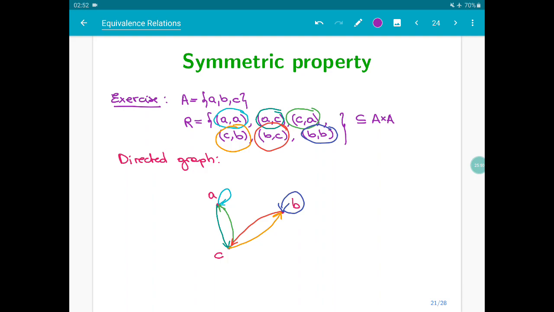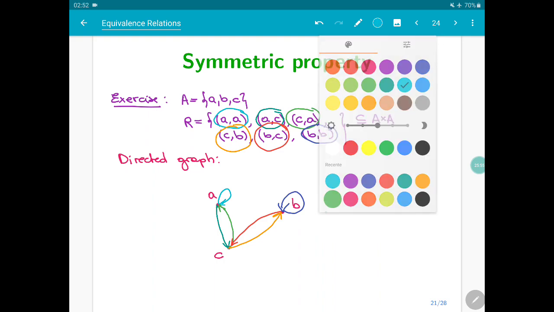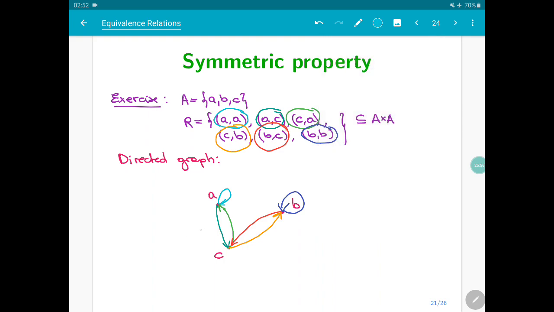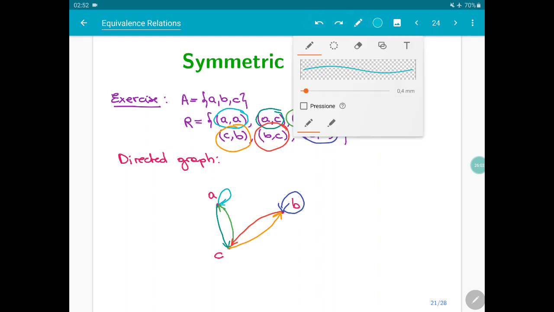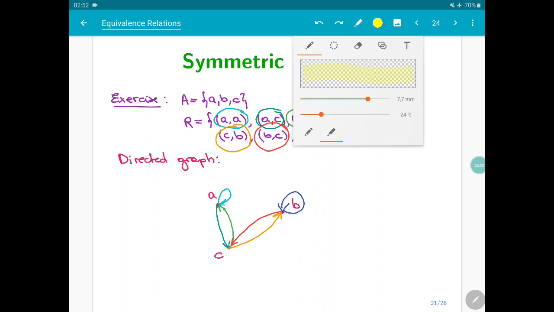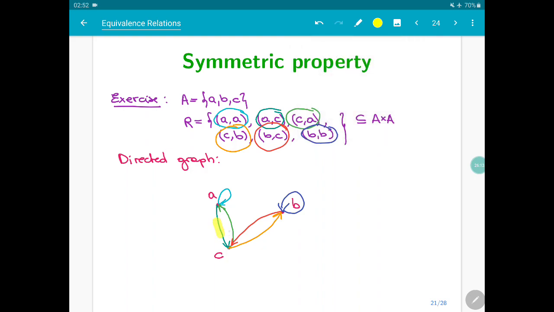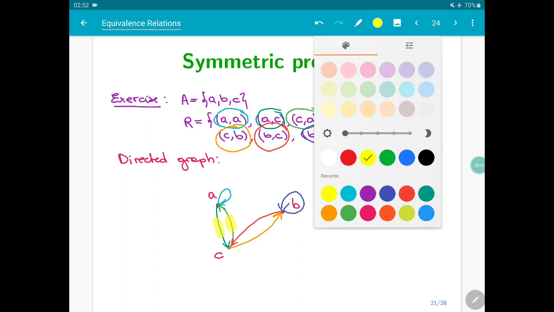So here the fact that this is a symmetric relation can be seen from the fact that here you have this, let me take a color. So it's from the fact that here you have an edge in one direction and also the corresponding edge in the other direction.